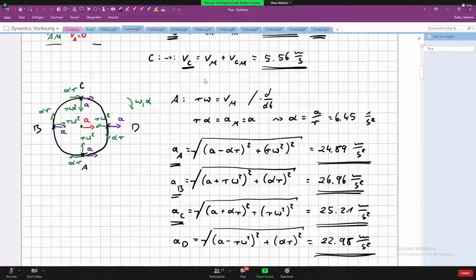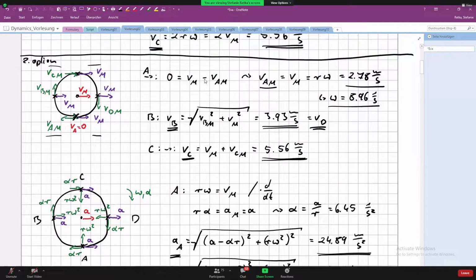Questions? Professor, can you please scroll to the second diagram? Up, yes. So over here, let me just annotate. I'm a bit unsure about the direction of VAM and VM. Is this a fixed rule, or how do we determine this? Well, VM is our translation at the center of gravity, and if the velocity of the center of gravity, our VM, moves to the right, then it has to move to the right everywhere.